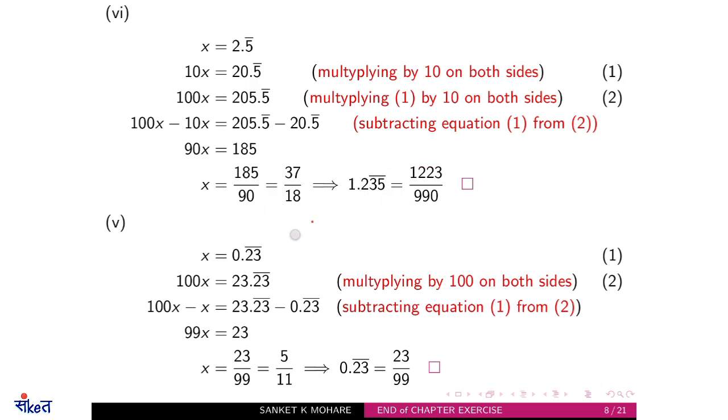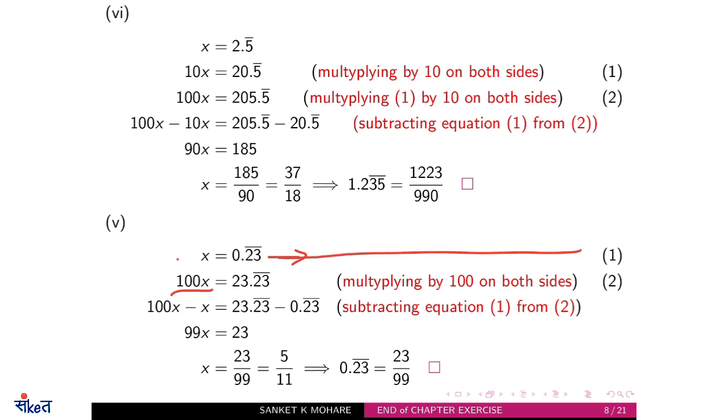Next, we have to convert the decimal number 0.23 bar in the form of P by Q. Here two digits are repeating and no non-repeating digit exists. So directly we multiply both sides of x equal to 0.23 bar by 100, because two digits are repeating. So 100x is equal to, if we multiply the right hand side by 100, the decimal will shift by two places, which is equal to 23.23 bar.